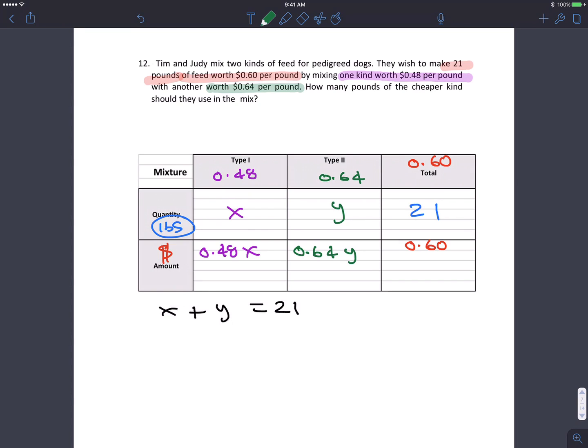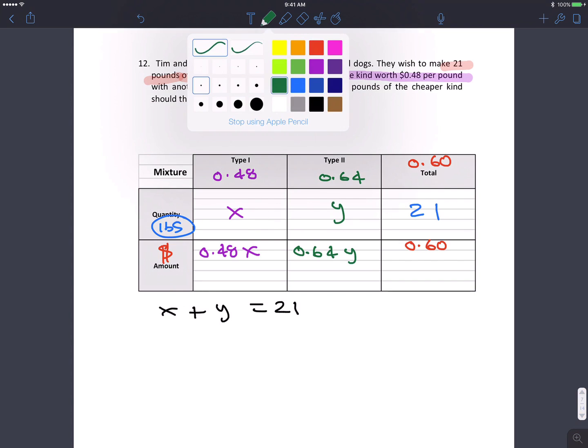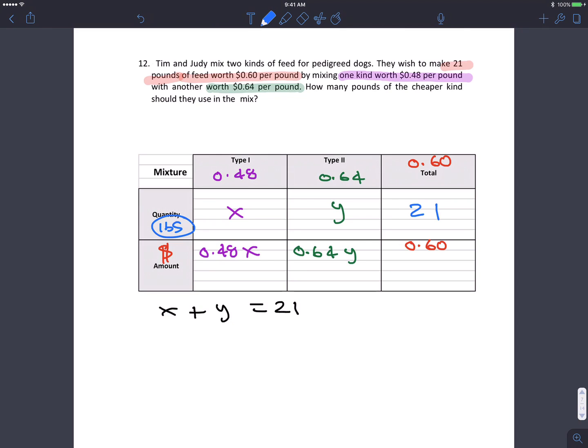And it's going to end up giving us 21 pounds of 60 cents. So that's the amount in dollars. Now 21 pounds at 60 cents per pound, we have to find what that is. That's 21 times 0.6. That's 12.60.